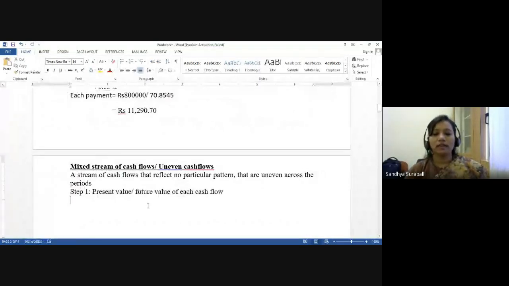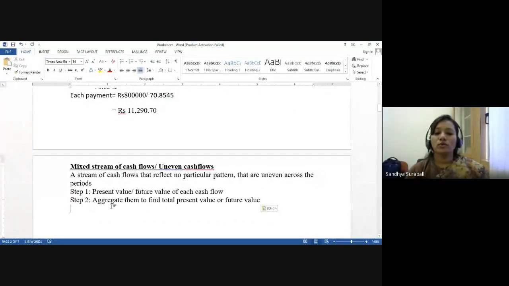And then to find out the overall value, you add them up, aggregate them, to find the total present value or future value.